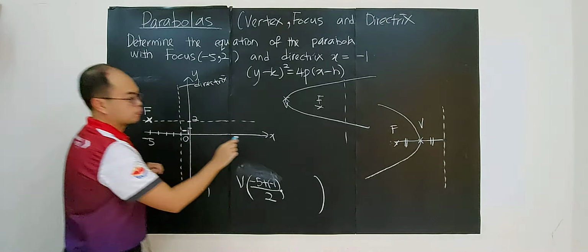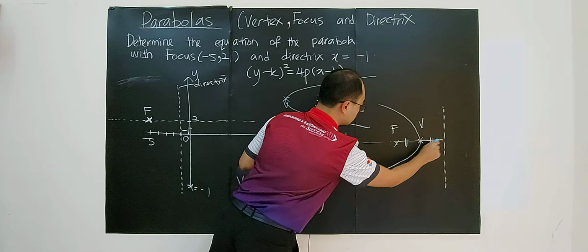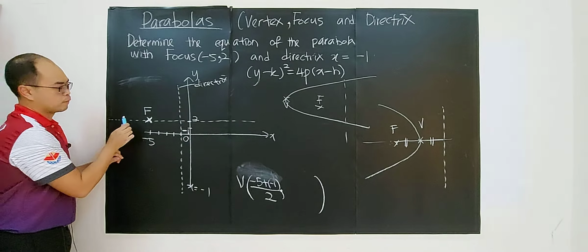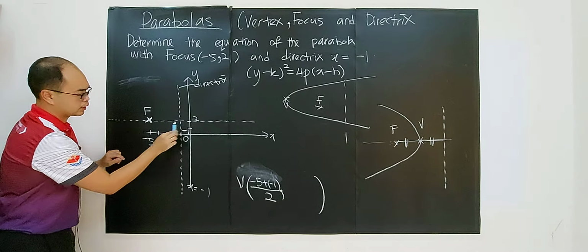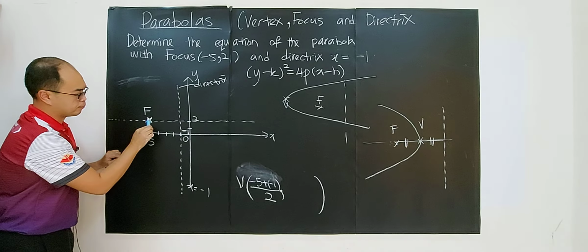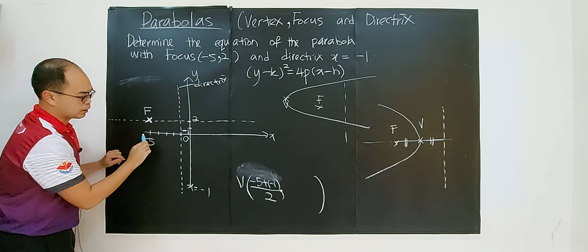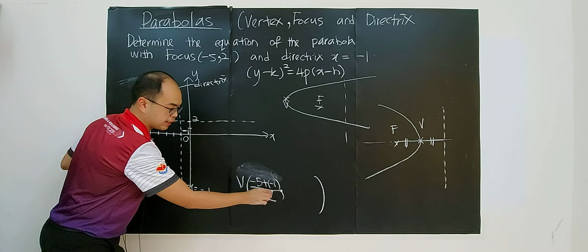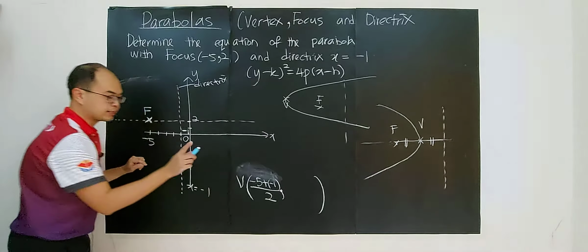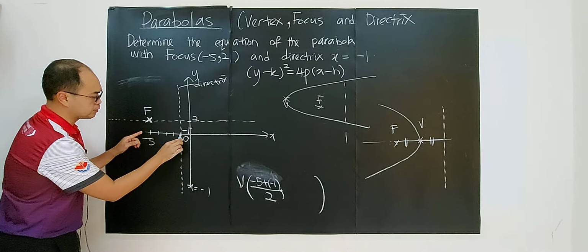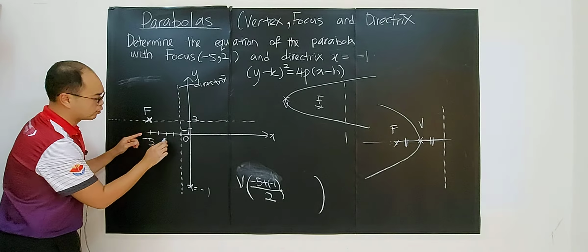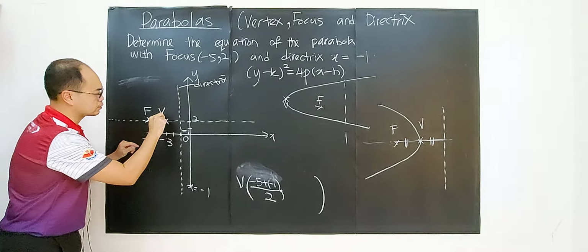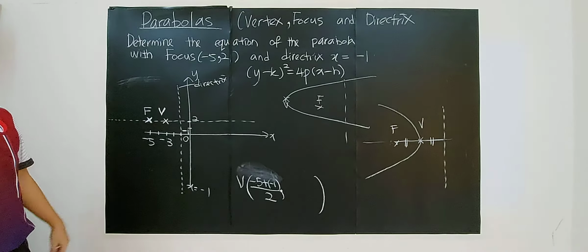As the axis of the parabola will be passing through the vertex, and passing through the focus as well. So it's in between the directrix and the focus. So the midpoint will be -5 plus -1 over 2, you are getting -3, right? In between -1 and -5, the midpoint will be -3. Definitely here will be the location of your vertex.